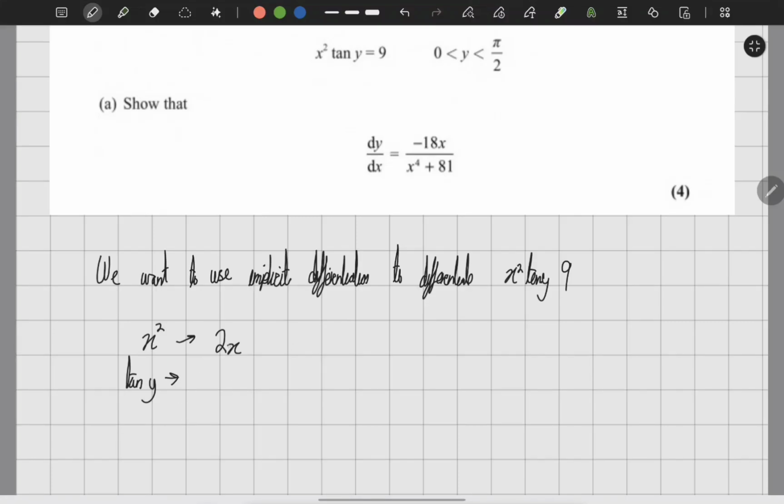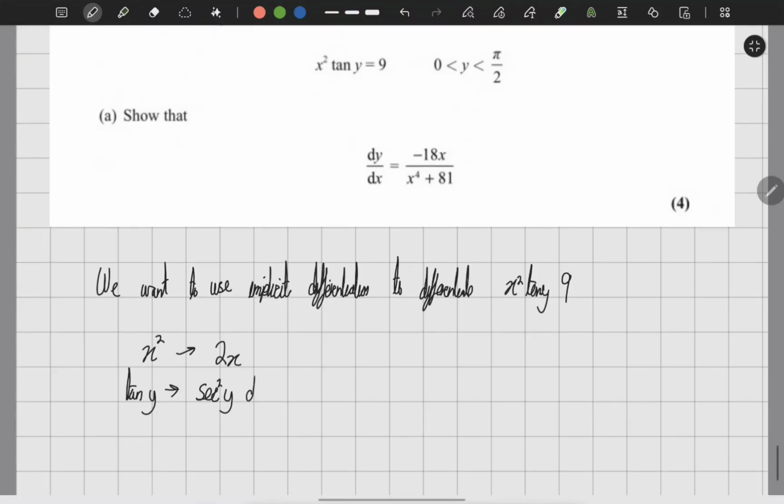But for tan y, we will also have sec squared y, but then we also need to multiply it by dy over dx, because we differentiated with respect to x, and this is not an x, this is a y.